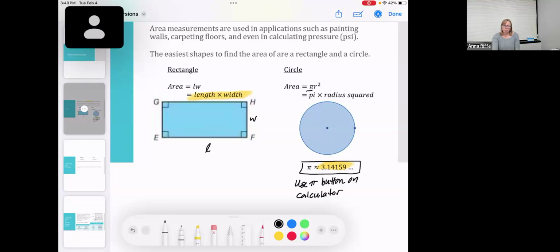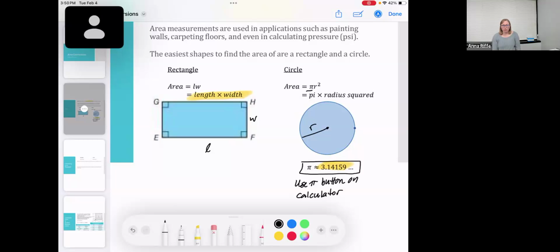Okay, so if we want to find the area of a circle, we're going to take pi and multiply that times the square of the radius. The radius of a circle is the distance from the center of the circle to any point on the outside of the circle. As long as we know the radius of a circle, we can find the area of that circle.